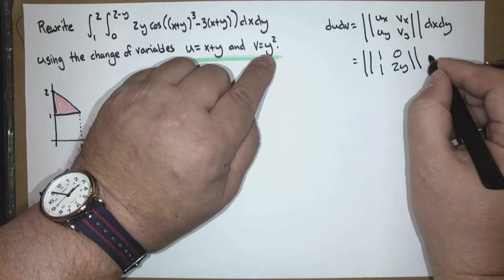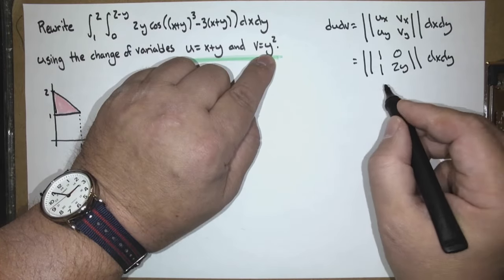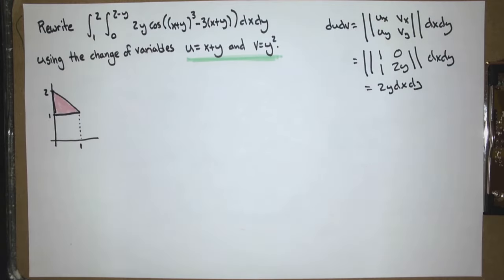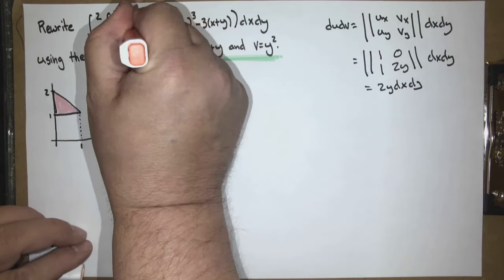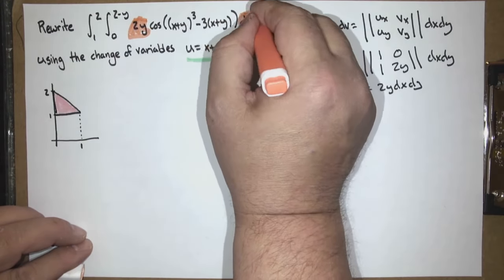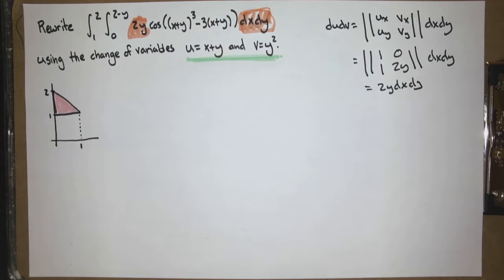When you take this determinant, what do we get? 2y. Do we have a 2i handy? Yes. So this 2i in the front is not part of the function in terms of the substitution. It's going to attach onto that dx dy. That's going to become our new du dv.